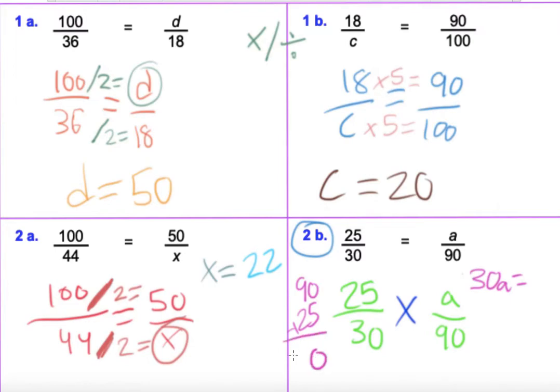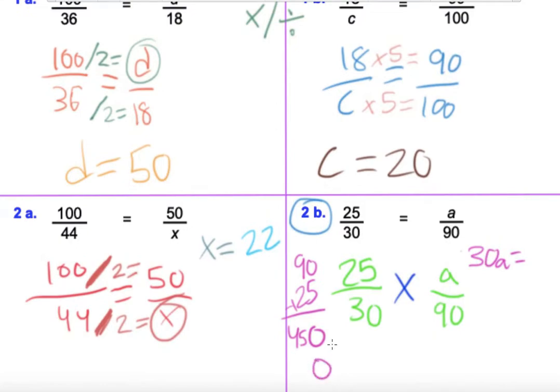Let's see, 0, 45. I'm just going to scroll down a bit. 0, 0, and 18. So that's 2250. Sorry, that's just 30A equals 2250.